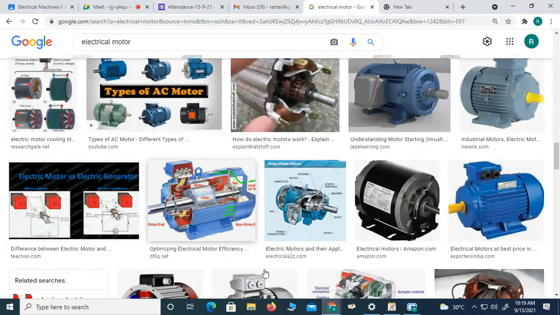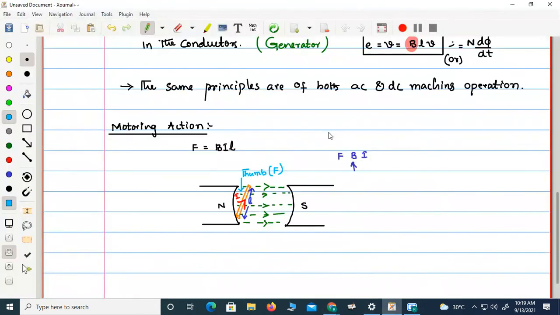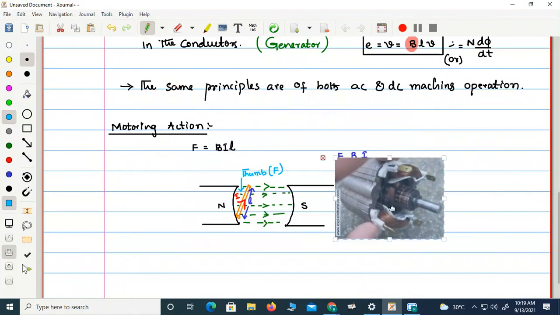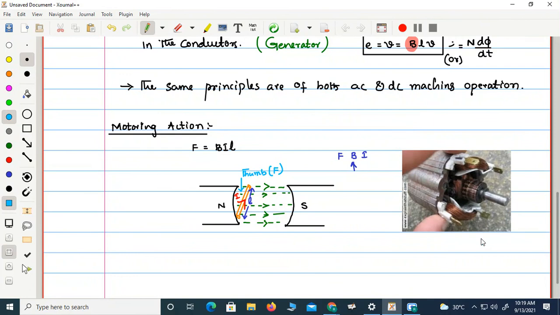Yes, these are for illustration purpose. See, this is a simple thing. Here, could you see some copper wire kind of thing? This is the conductor basically, copper wire, which is made into coil form. Here also some copper wire, and here also certain copper wire is there. These are the copper wire or conductor.